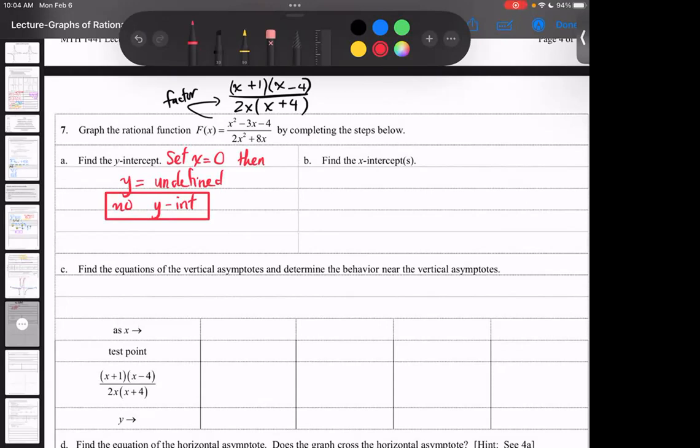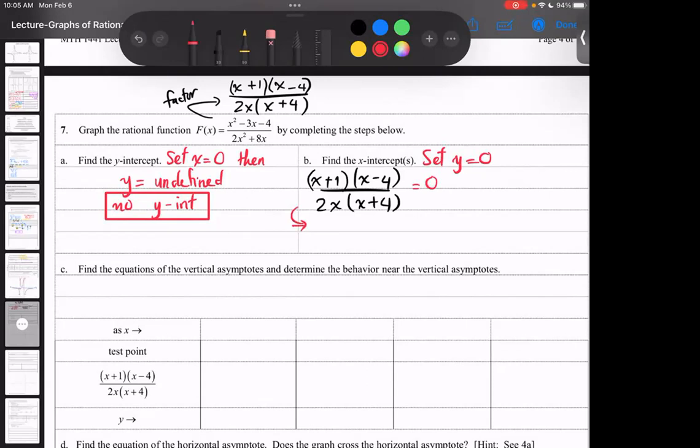So to find the x-intercept, you set y equals 0, and then you solve. I use the factored one because I don't want to factor again. Like I said, when you set something equal to 0, it only works if the left-hand side is one fraction. In this case, it's the same thing as setting the numerator equal to 0.